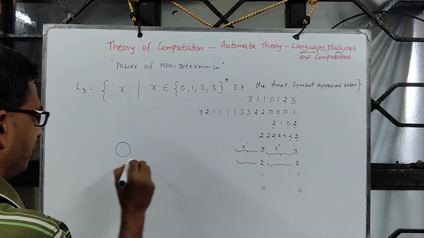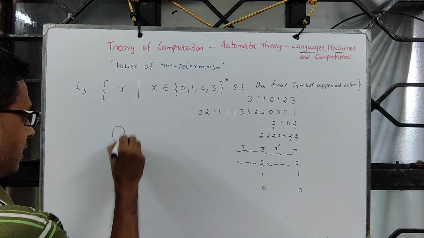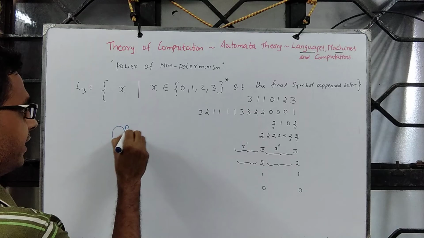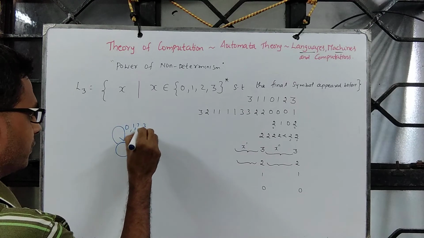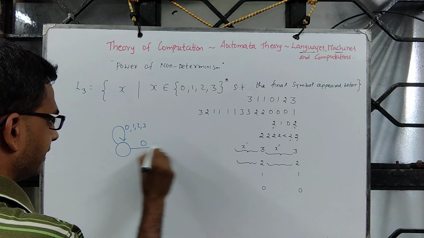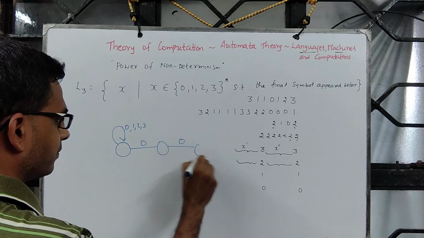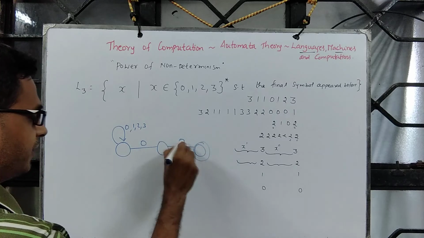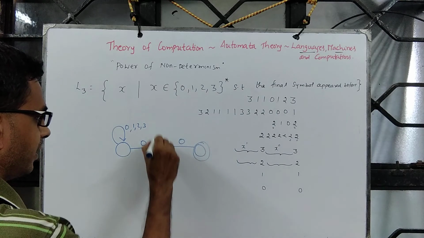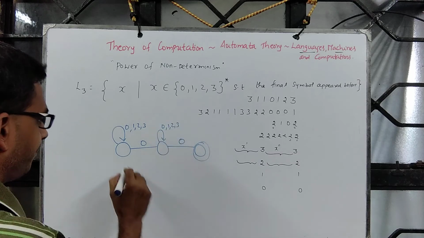Okay. So keeping all this, let's design a machine. So we say that to start with, we read 0, 1, 2, 3. Then we may see 0 followed by 0. This will be our last digit. In between, we may see 0, 1, 2, 3.